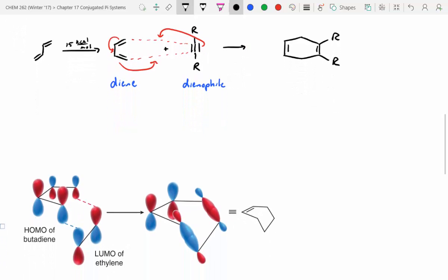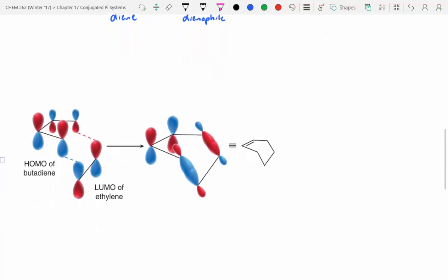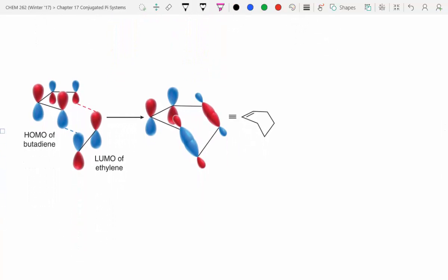The molecular orbital view for these reactions is pretty interesting. So imagine this guy over here is your diene, right? So our diene, if we think about the HOMO, we've got a pi bond right here, and we've got a pi bond right there.